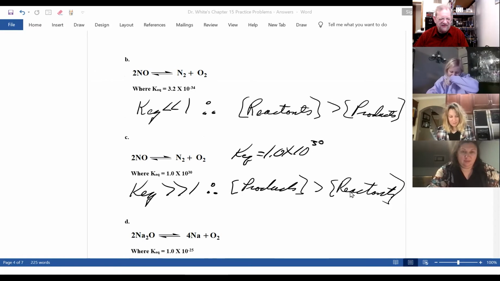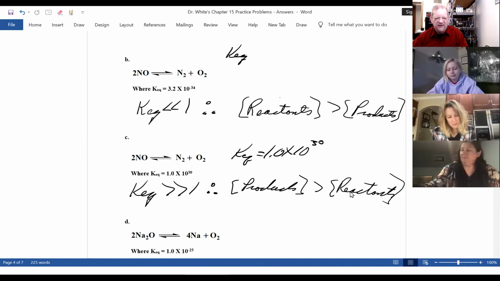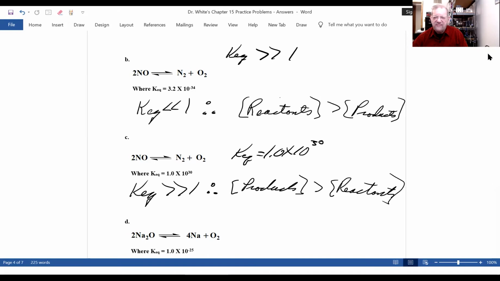I'm getting sidetracked. All right, how do you determine this? Let's go up here. If K equilibrium is greater than 1, the concentration of products is greater than the reactants.